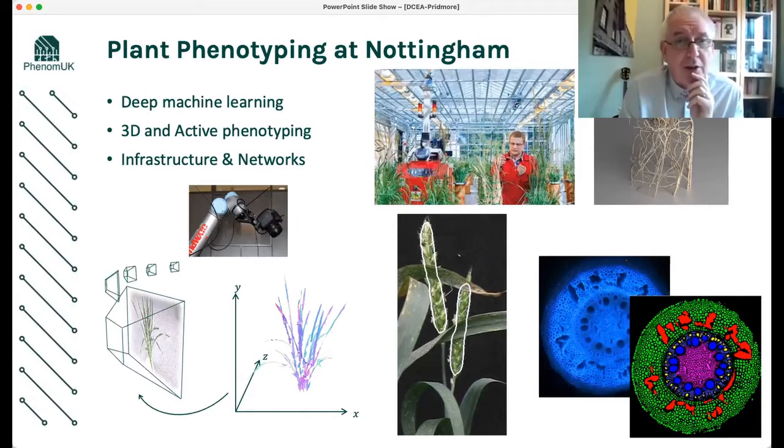We've also done quite a lot on 3D reconstruction from multiple views, and developed a couple of systems for doing that, and more recently have got into active phenotyping. So one of the things that we found with our reconstruction work was where you put the cameras has a huge effect.